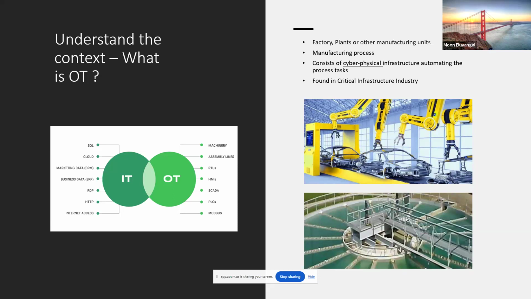Whatever is manufactured, whether it's water treatment or car manufacturing, there are computer systems and networks behind that manufacturing. For example, you have a conveyor belt on which the body of the car, the chassis, moves, and then the engine is fitted, it is painted, then the upholstery is inserted.